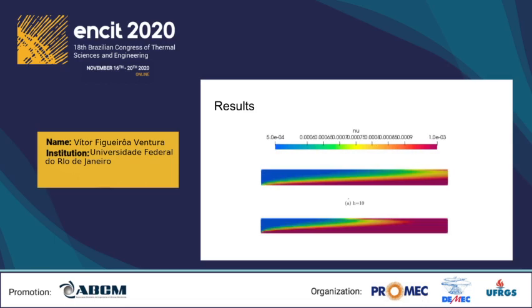And here is the viscosity field. There is a V-shaped boundary between a region of high viscosity and a region of low viscosity. This occurs because as you approach the tube wall, two things occur. One is that the temperature drops, and the other is that the shear rate gets higher.